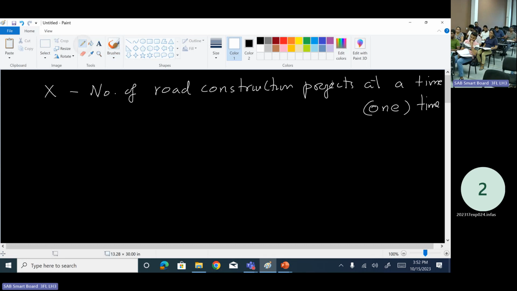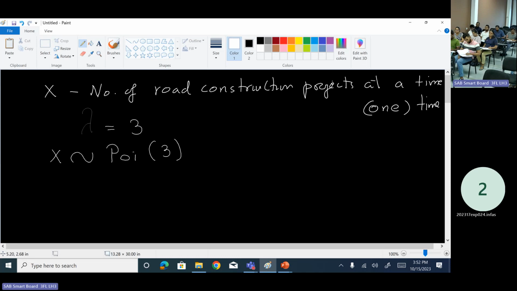So the average is given, lambda is 3. Right. So lambda is 3. We know this is going to be Poisson. So X follows Poisson with 3.